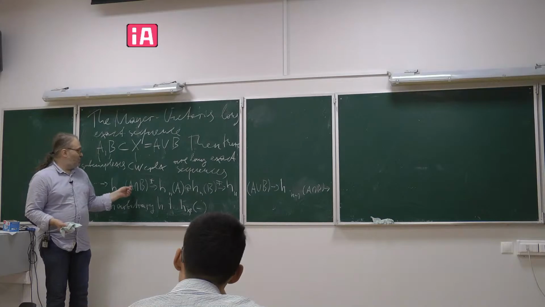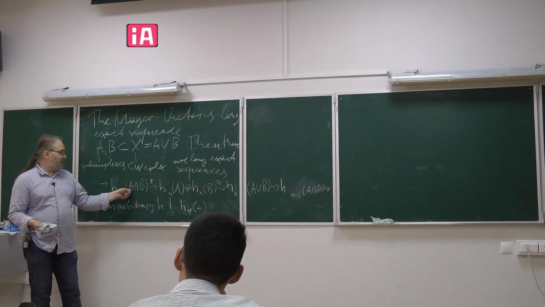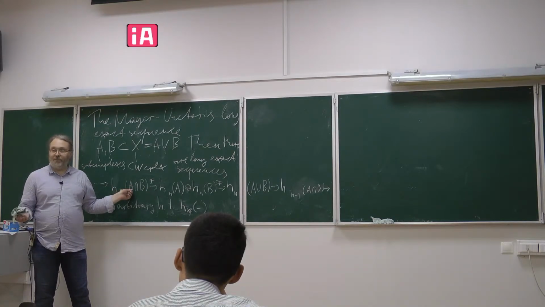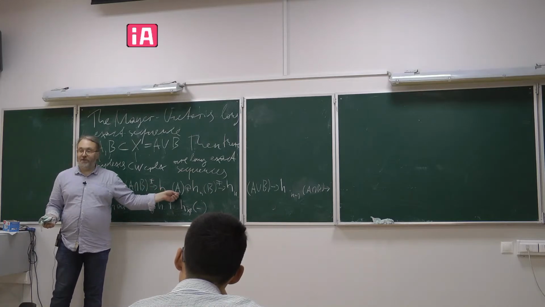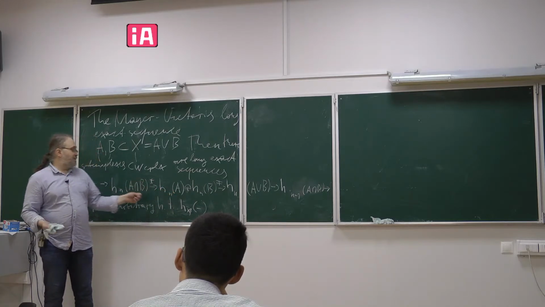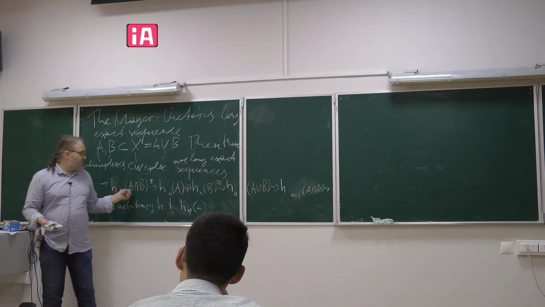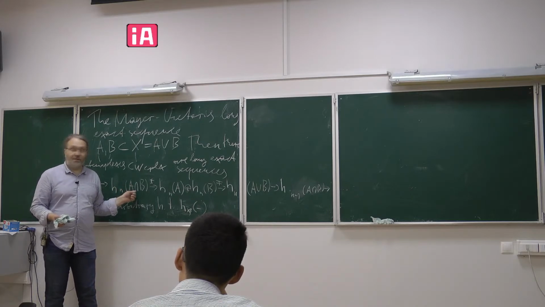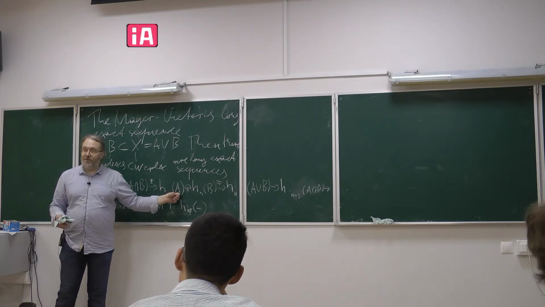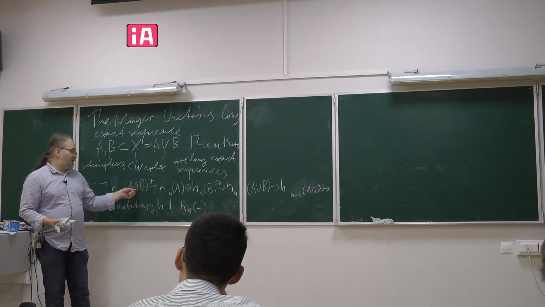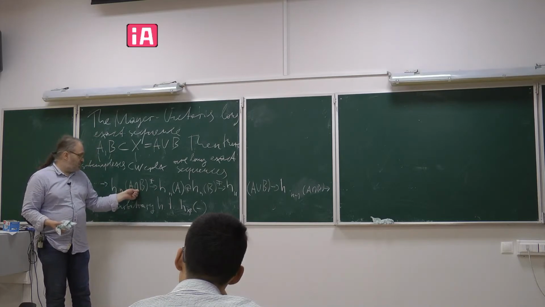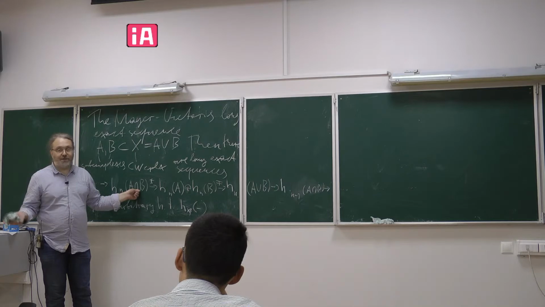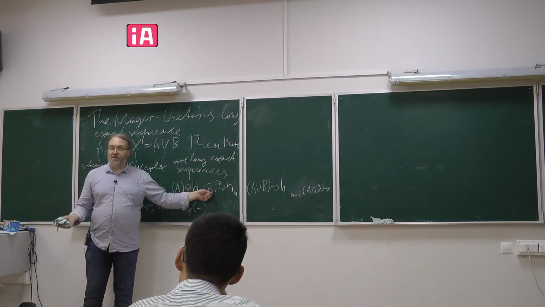Well, we have a map from Hn of A intersected B to Hn of A, which is induced by the inclusion of A intersected B in A. And similarly, we have a map from Hn of A intersected B to Hn of B.